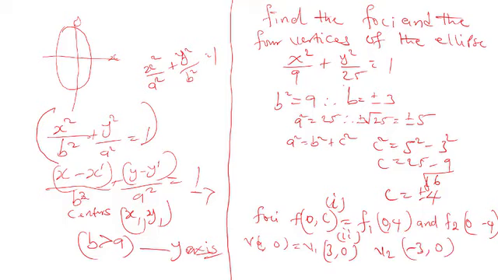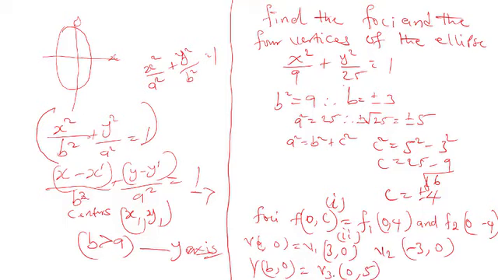While on the y-axis, that of the b vertex, we had 3 and 5. So that of V3 will now be (0, 5). Remember the values we got here, 3 and 5, are the values of our a and b.